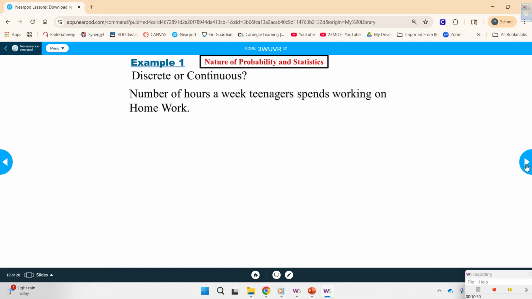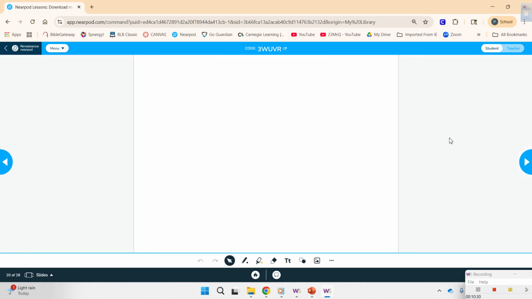So, with that said, look at example 1. It says, number of hours a week a teenager spends working on homework. Is that discrete or continuous? Write it on the screen.